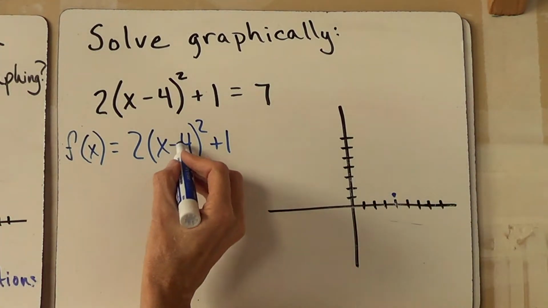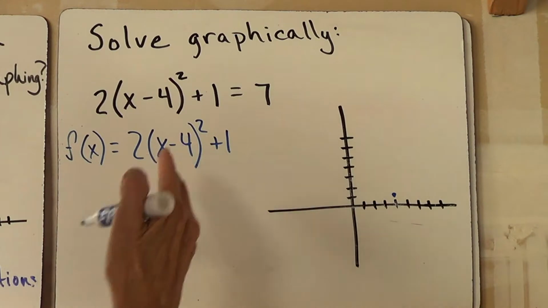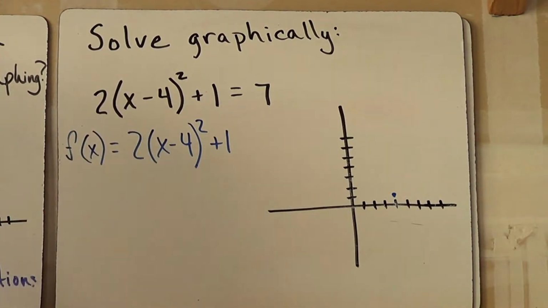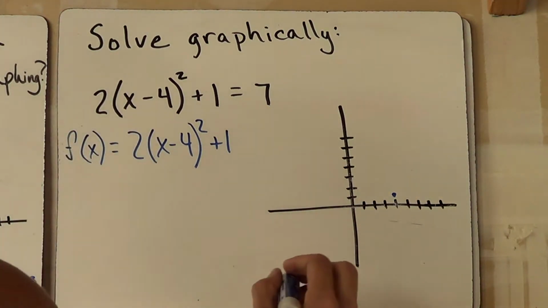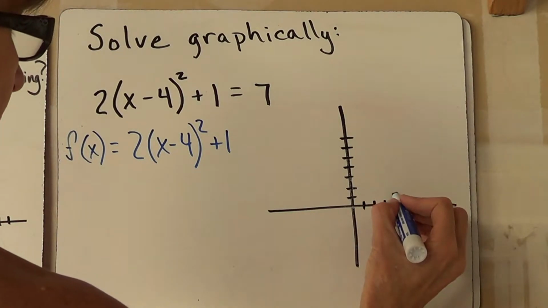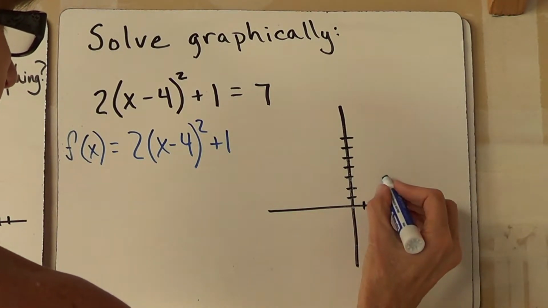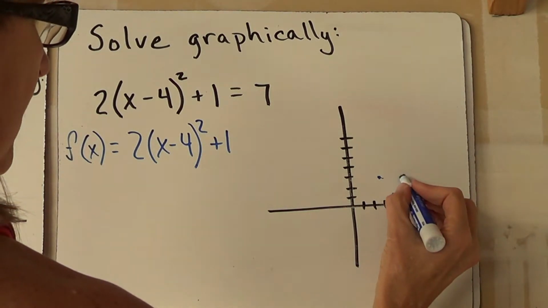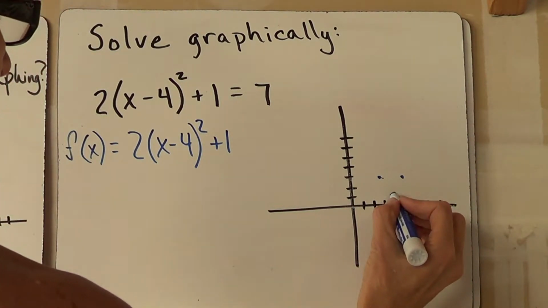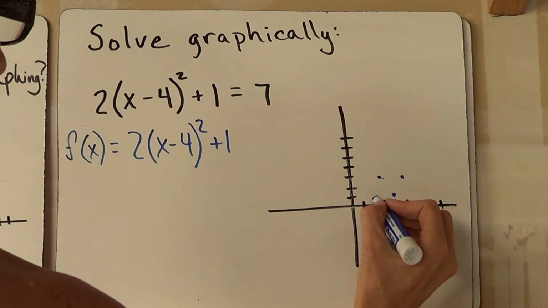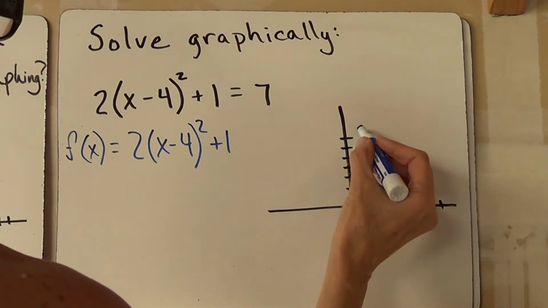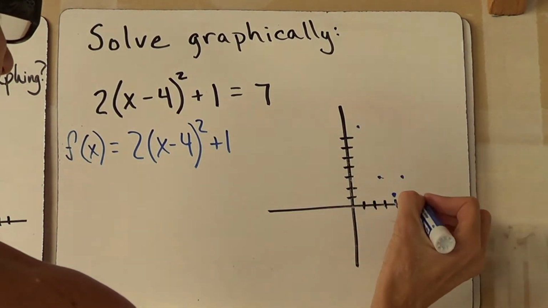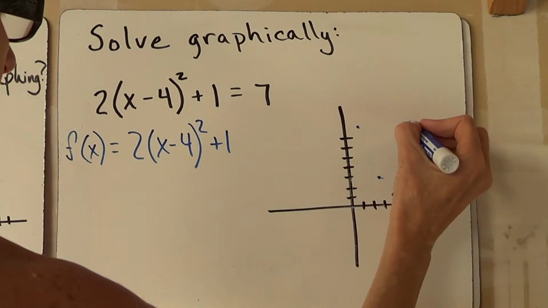Remember, if it's a negative, it's actually to the right because that's a positive 4 in there. The negative's in the formula. Okay, now I'm going to stretch by 2. So over 1, up 2. Over 1, up 2. And then I need to go over 2 and up 8. Over 2, up 8.